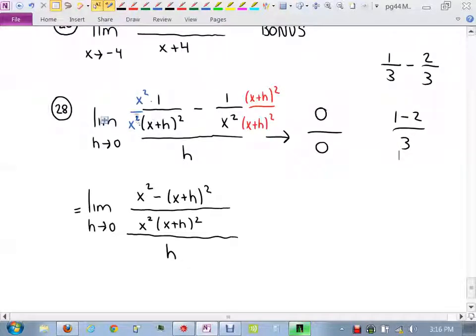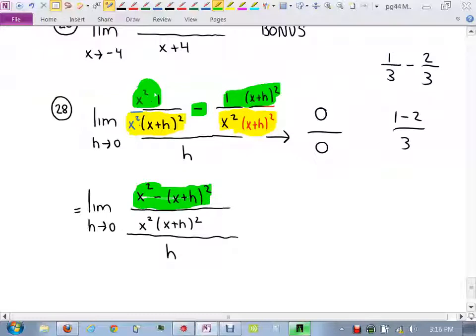So I first multiplied x squared top and bottom, and then x plus h squared top and bottom, so that I had the same denominator. This denominator now matches this one, right? So all I'm going to do is take the numerator here and subtract this on this side from it, which is why I get this. The x squared minus, do y'all see that? And then the yellow is just my common denominator. And then don't forget, you still had that was all over h.